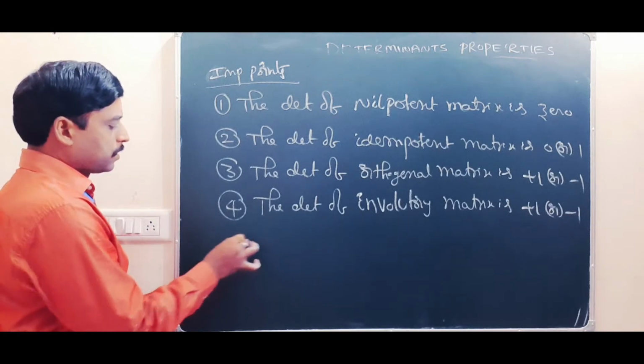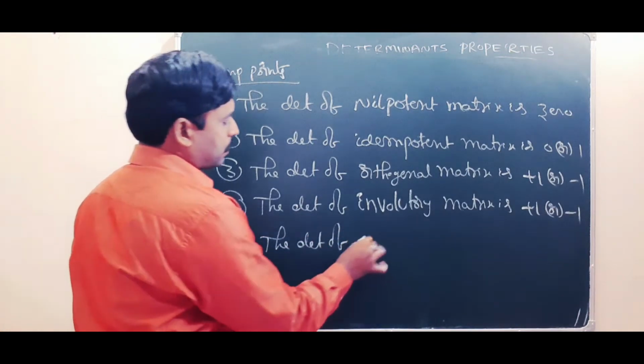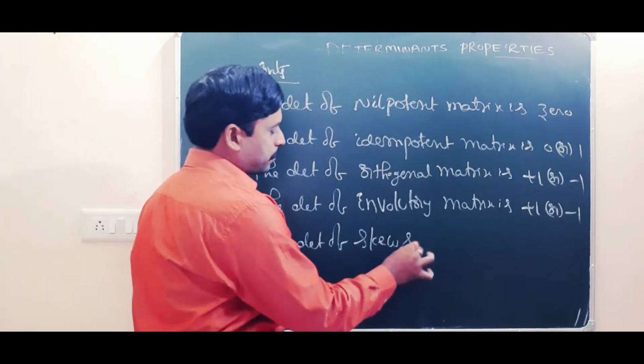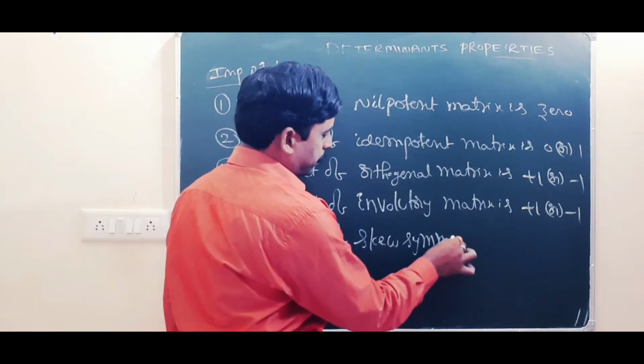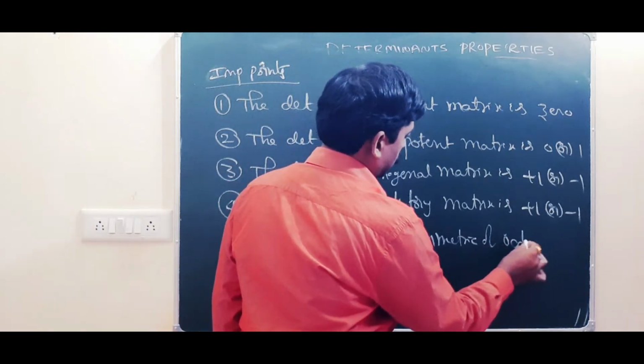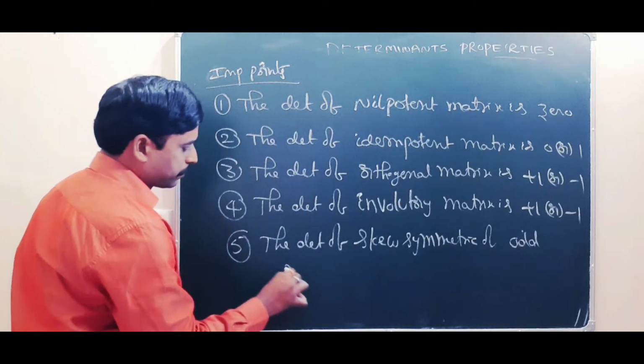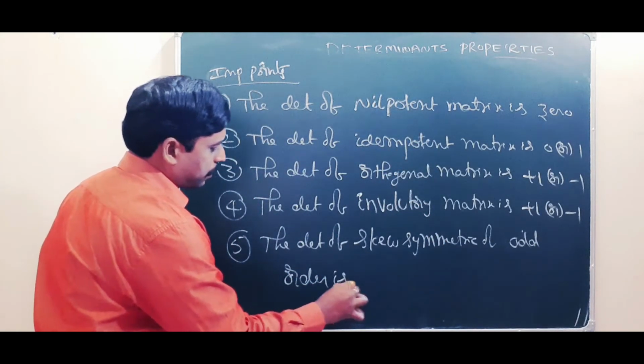Okay. Next, fifth point, the determinant of a skew symmetric matrix of odd order is 0.